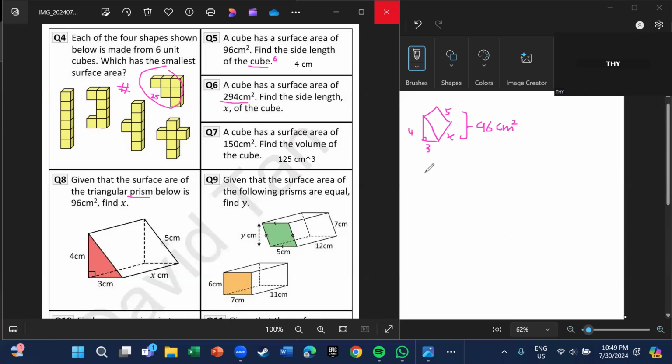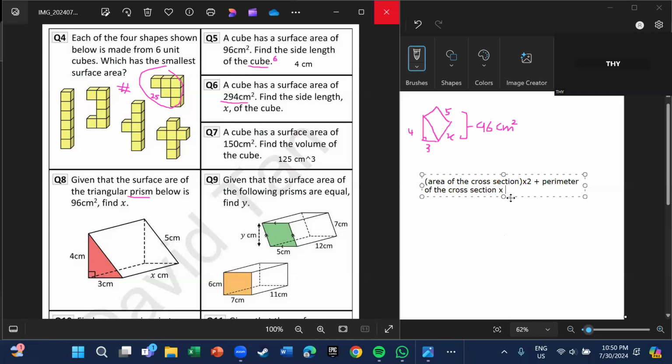What you're going to take is the area of the cross section, I'll explain in a minute why, multiplied by 2 to get both sides, and then you add the perimeter of the cross section, and then you multiply it by how long it is.